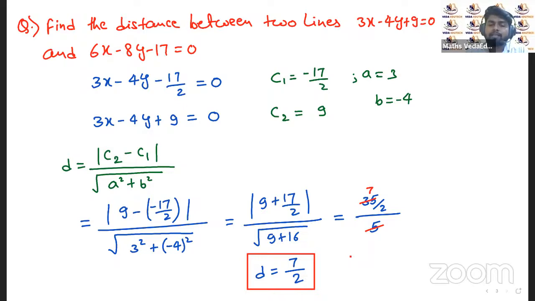Okay. Now let me give you one more question: find the equation of the line midway between these two parallel lines. This time the question is different, and they are not asking for the distance only. They are asking for the equation of another line which is situated in between those two lines.